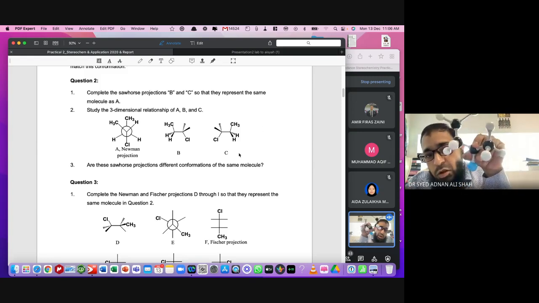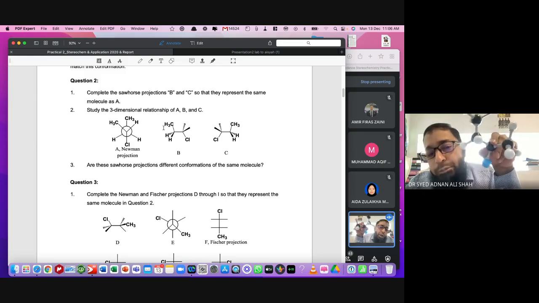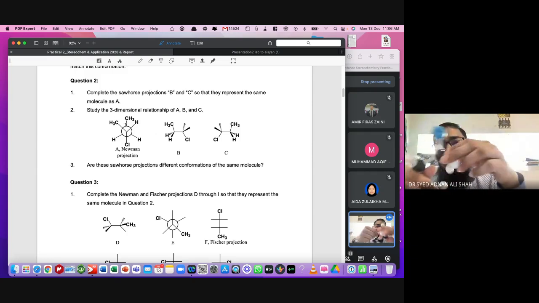And then this one is also the same molecule. But these all are the same molecule which have different pictures or different projections, right? For example, this one, we have assigned the stereochemistry of this one, right?